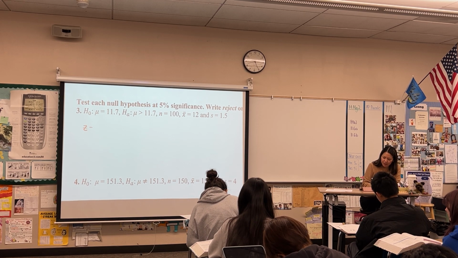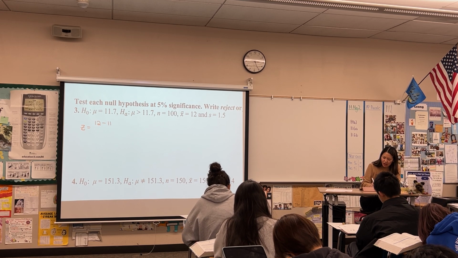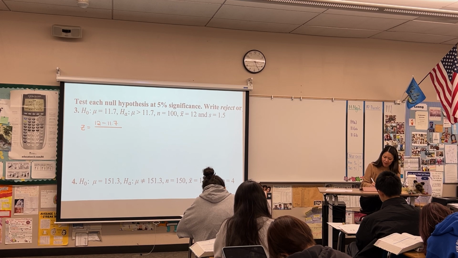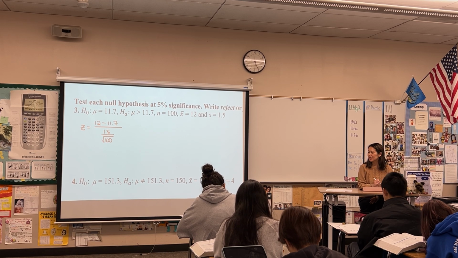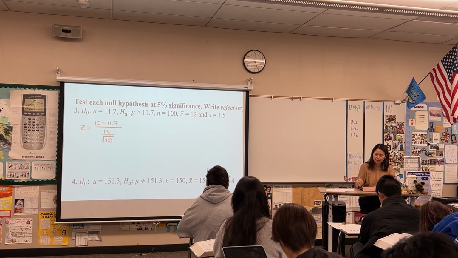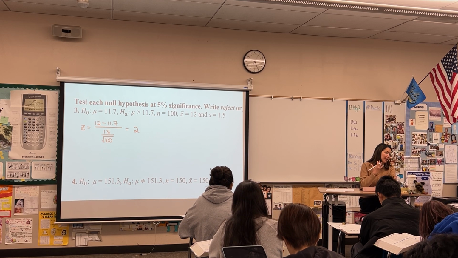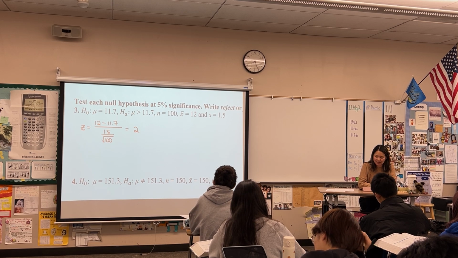So z, I'm going to go ahead and take that sample mean of 12 minus my null hypothesis mean of 11.7 divided by the sample standard deviation of 1.5 divided by the square root of n, which is 100. All right. If you plug that in, you actually end up just with 2. Yeah. All right, so 2 is your z statistic.